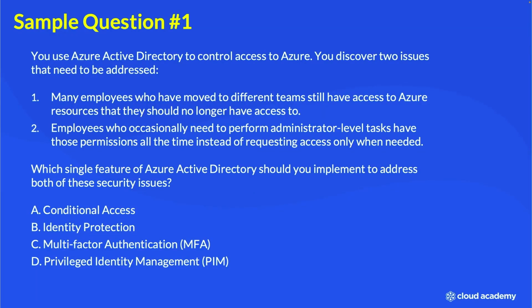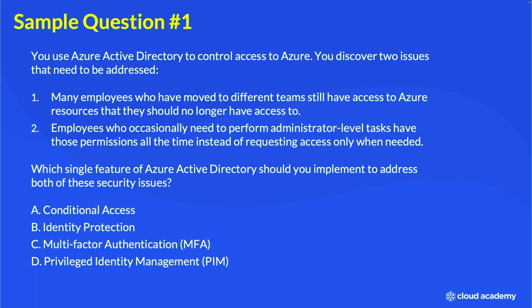And then privileged identity management has a whole bunch of capabilities. One of its capabilities is that it can set up access reviews where it sends out requests to different managers and asks those managers, do these people still need to have this type of access? Which is what we need for number one, employees being moved to different teams and then not having their access revoked.